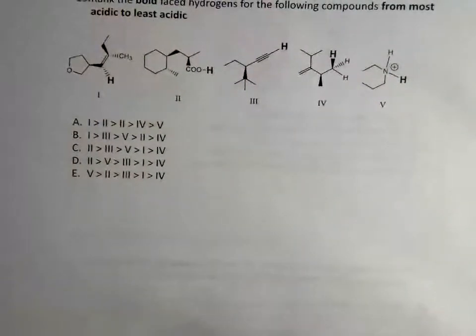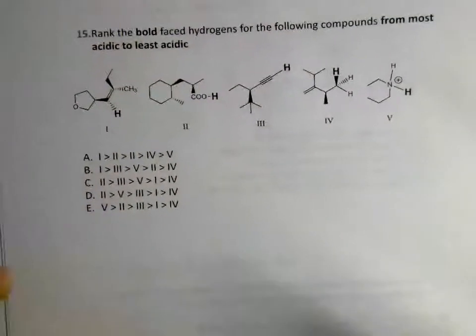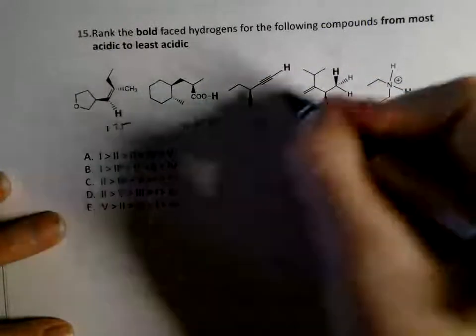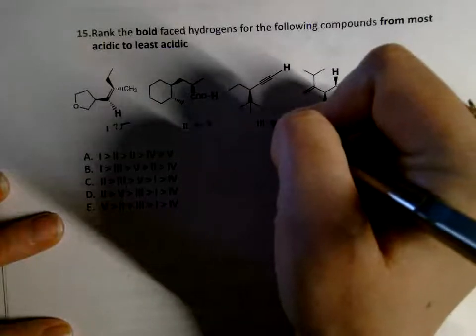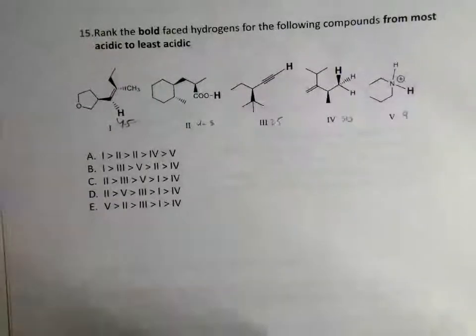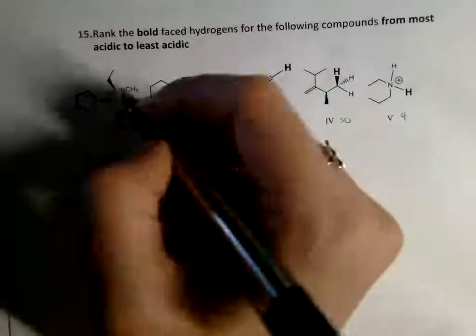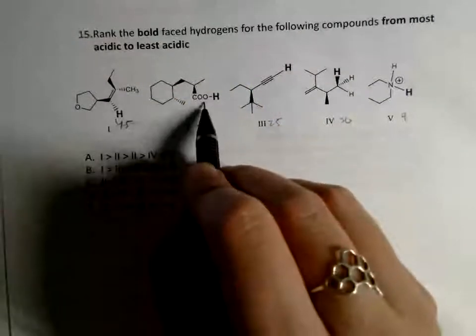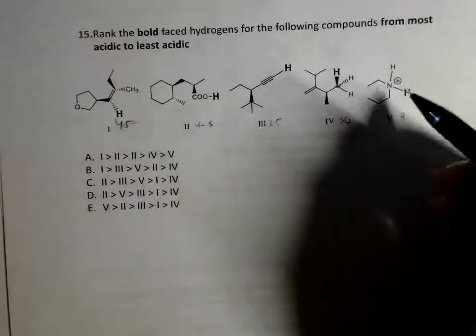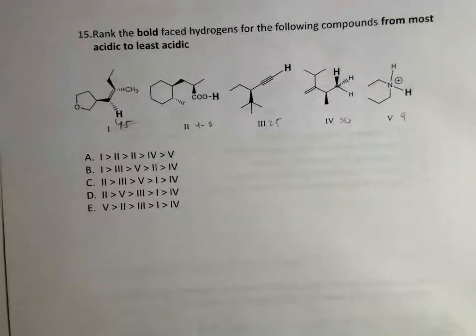Okay. And last but not least, 15, rank the boldface hydrogens for the following compounds from most acidic to least acidic. So this is going to be 25. This is 4 to 5. This isn't 25. I'm crazy. This is 45. This is 25. This is 50. And this is about 9. So if we're just looking at these functional groups, this is an alkene, carboxylic acid, alkyne, just a regular sp3 hybridized alkane, and ammonium, not ammonia.